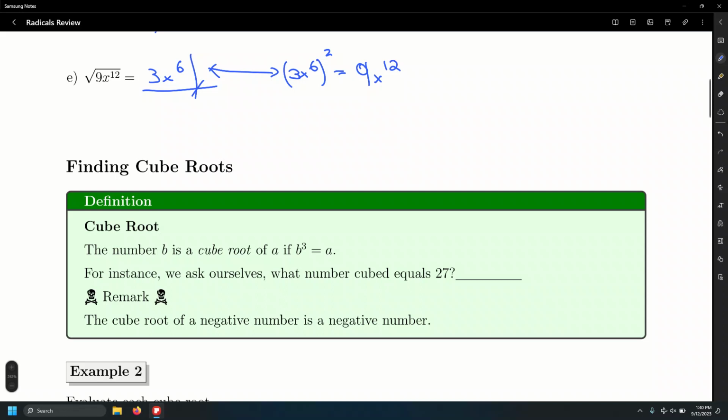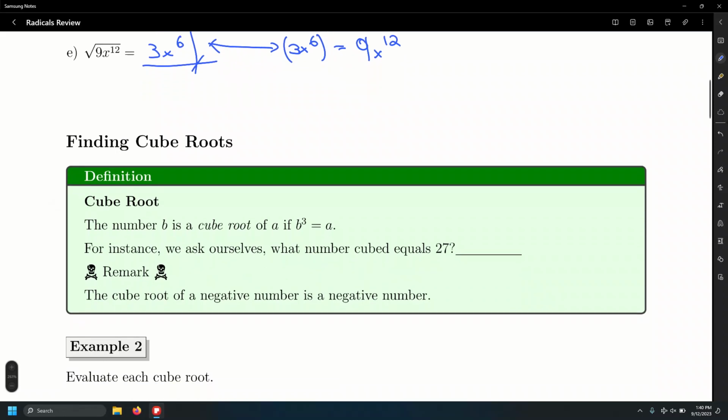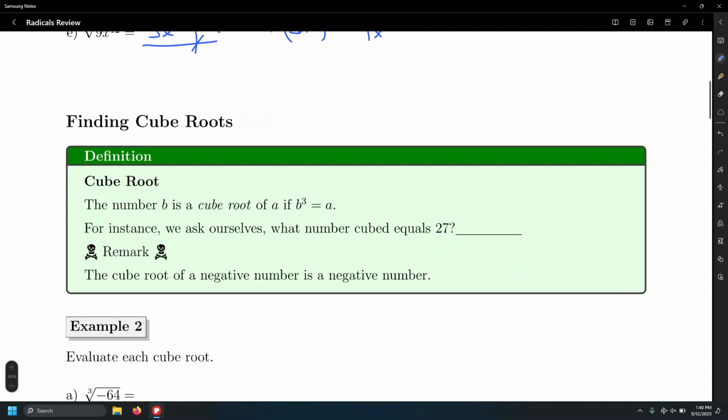All right, let's talk about cube roots. The same technical definition, the formal definition, is that the number b is a cube root of a if b cubed equals a. For instance, we ask ourselves, what quantity cubed equals 27? 3.